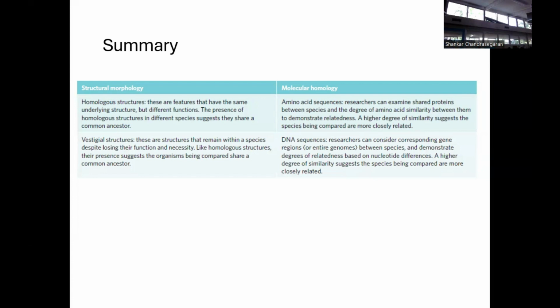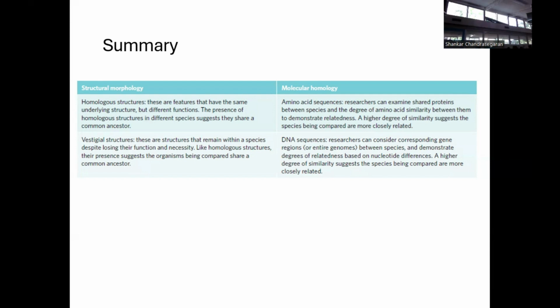Next is the vestigial structure, which is basically a remnant of a previous species that is still remaining as a result of natural selection not removing it, right? Basically, they remain within a species despite losing their function and necessity, and they can also be used to study a common ancestor. That is for structural morphology.